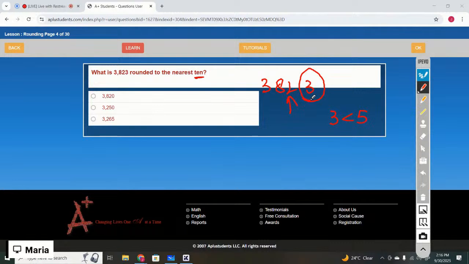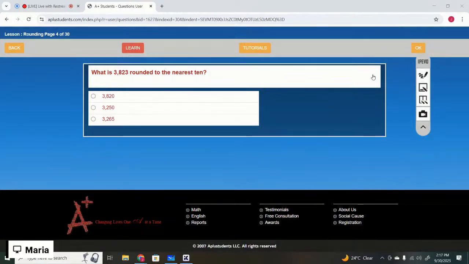So you need to round down to the same 10, and you replace only this digit with 0 because that is the digit of the ones position. Got it? Option number 1 is the correct option. That is 3,820.